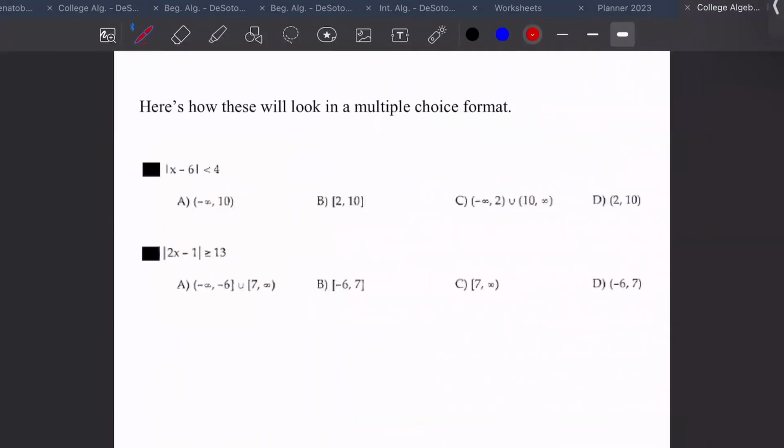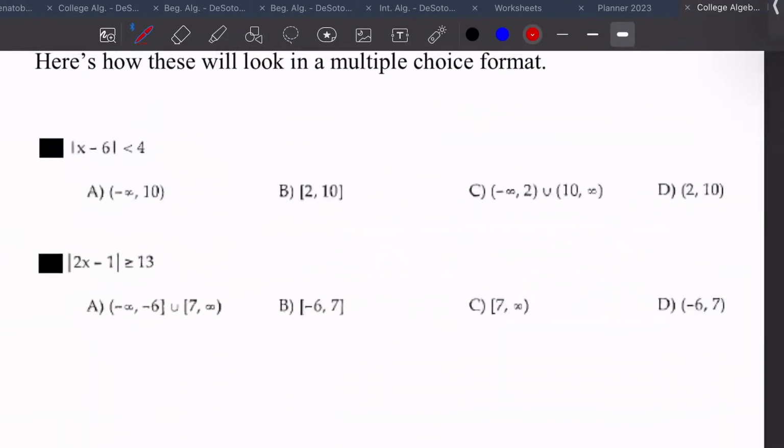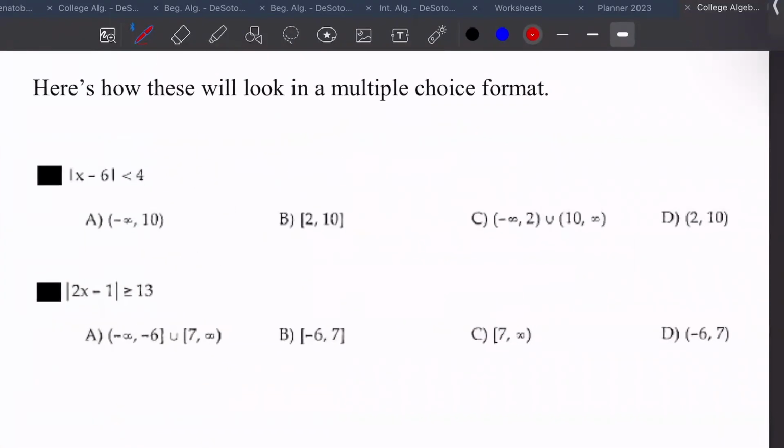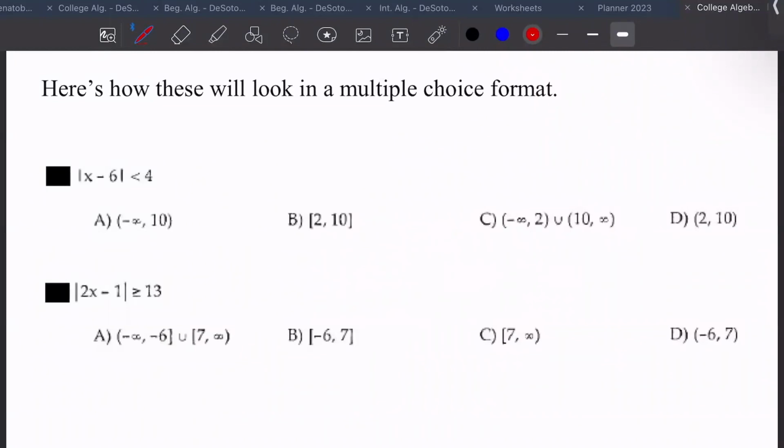And so here's how these will look in multiple choice format. I'm just doing this so that on your quizzes and things, you can notice them. So the absolute value of x minus 6 is less than 4. This would be an and statement. So you would have x minus 6 is less than 4, and then you would sandwich it in between negative 4.